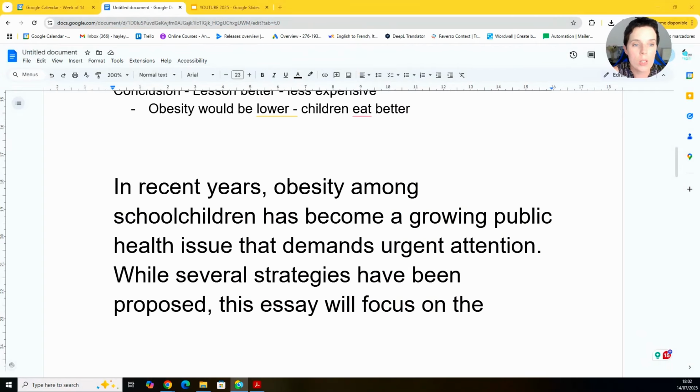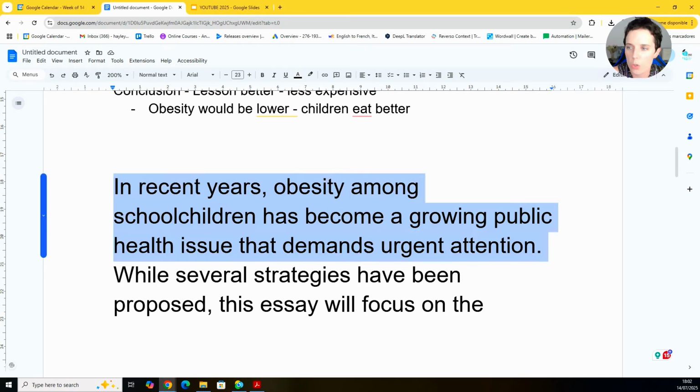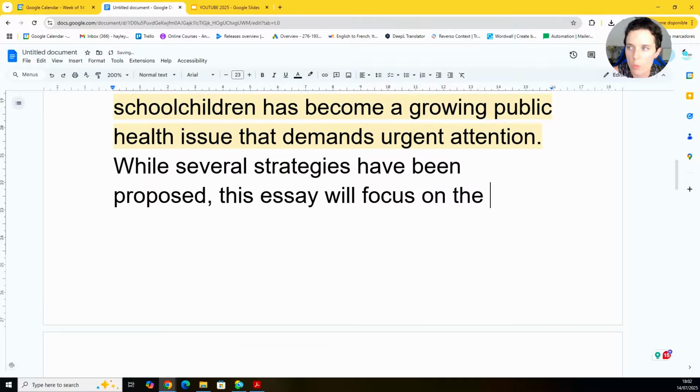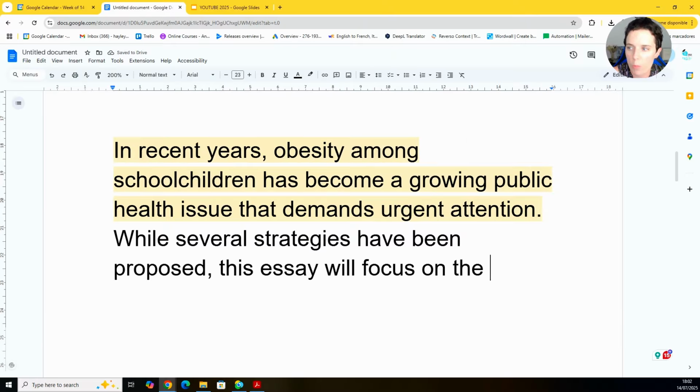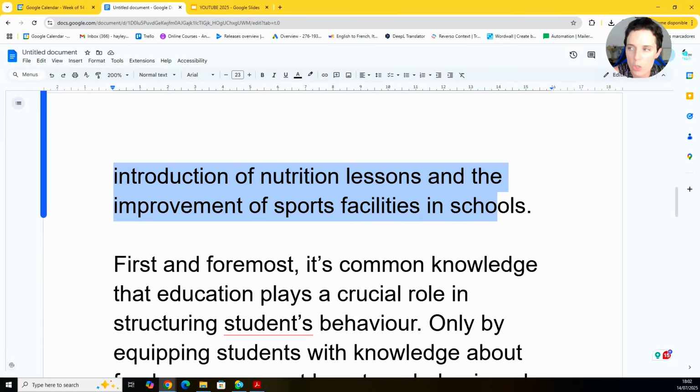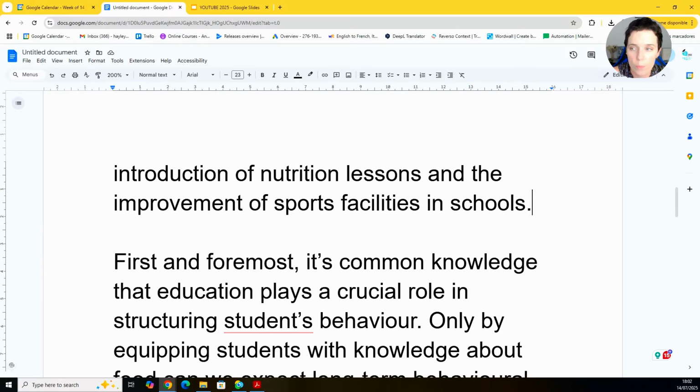So in recent years, obesity among school children has become a growing public health issue that demands urgent attention. So that's your first general statement. While several strategies have been proposed, this essay will focus on the introduction of nutrition lessons and the improvement of school sports facilities in schools.